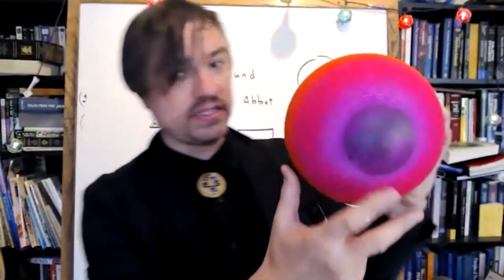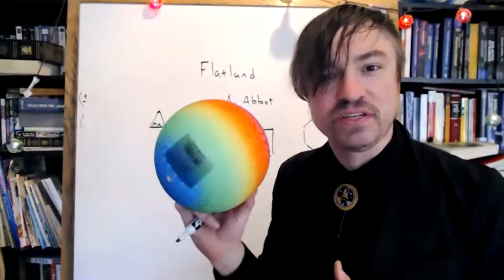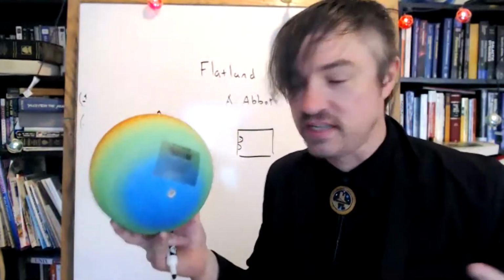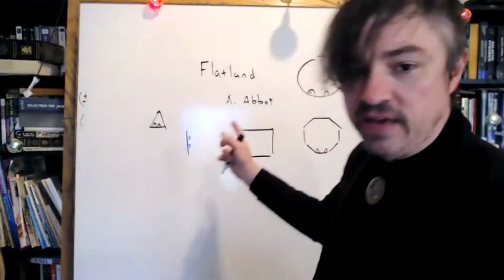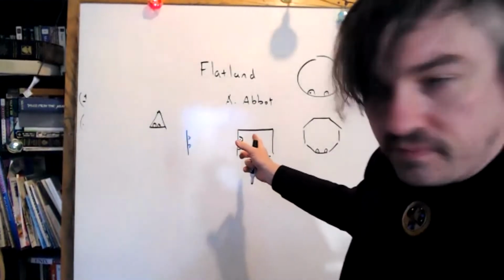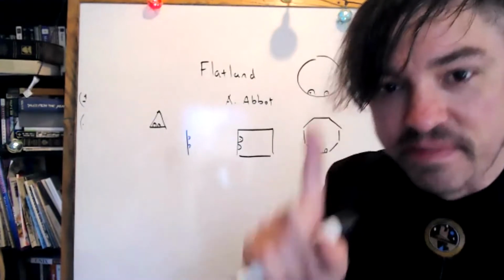It would be impossible as a three-dimensional creature to simultaneously see all sides of the rainbow ball at once. If I was a four-dimensional creature, however, I might be able to do that. A fourth-dimensional being, if such a thing could exist or does exist, would see all sides of this at once. If you're a two-dimensional creature, everything you see in your field of view is fundamentally one-dimensional.